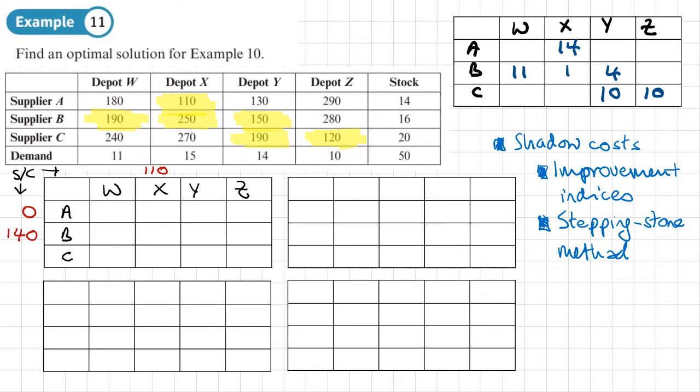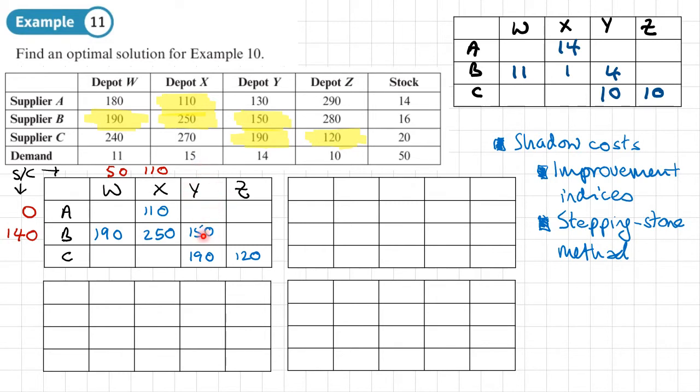I think I'll write those numbers in, and that'll be helpful. It's easier to refer to it in the table there. So I'll put that in there: 190, 120. So we've got to the point where those two add up to 250. Now, if I've got 190 there and I've got 140, that means the shadow cost there needs to be 50 above the W. We'll carry on here.